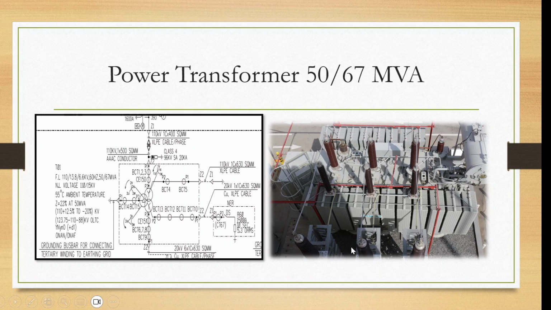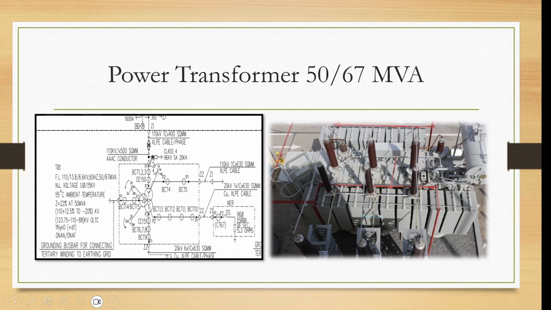You can see in the picture that this cable is connecting with these bushings, the air bushings, and further connections are done with this triple AC conductor, 110 kV, 1 into 500 square mm. For one single conductor, the size is 500 square mm, and it is a triple AC conductor, 1, 2, 3, going to the primary of this transformer. So this is showing the drawing and this is showing the actual.